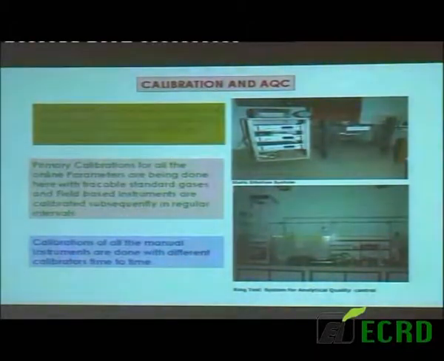They can bring their analyzers, test them here, calibrate them here, and we can find out what the error is and how they can correct the calibration of the auto analyzers, or even this can be used for the manual ones, say SO2, NO2, etc.